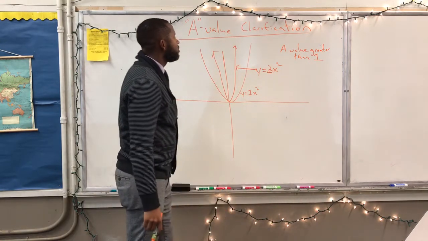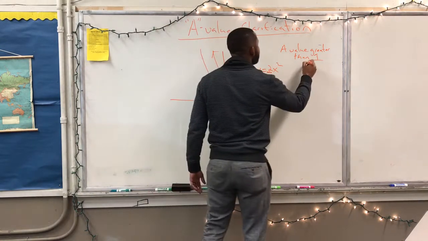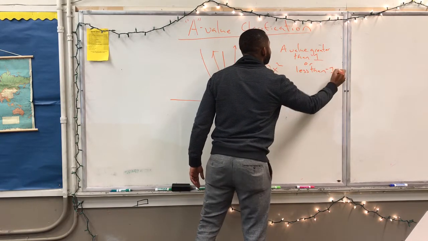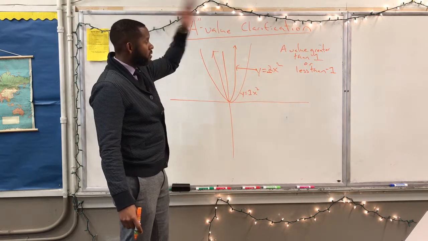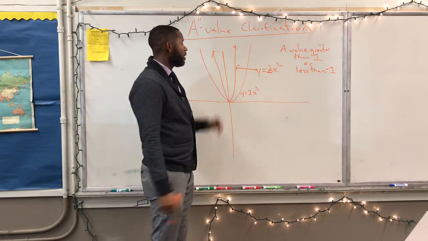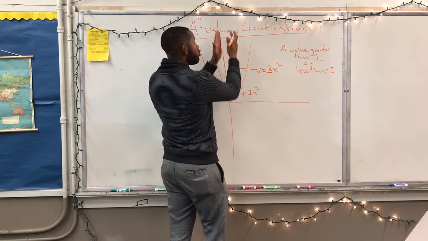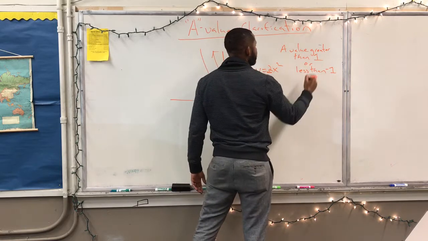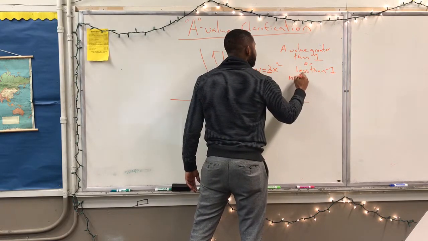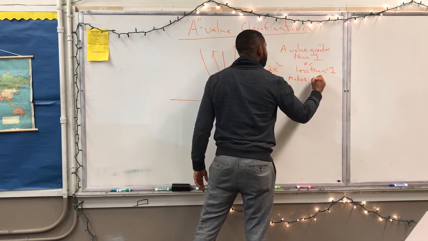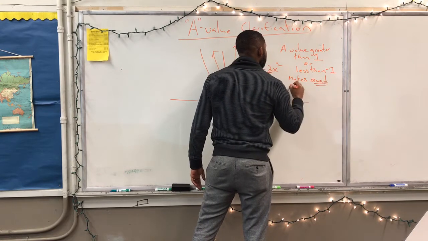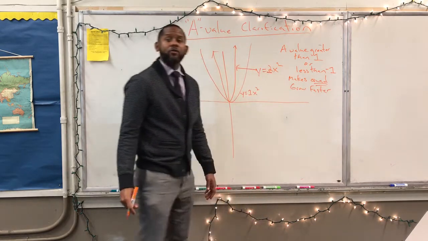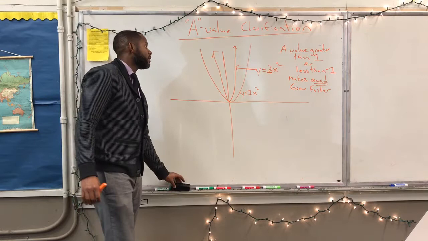When you get an a value that's greater than 1 or less than negative 1, it's going to make this thing grow faster. That's what a values greater than 1 or less than negative 1 do.